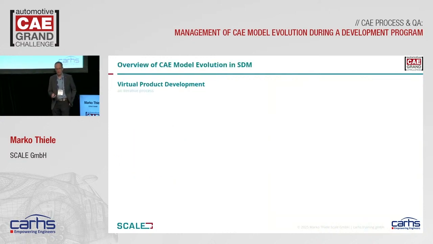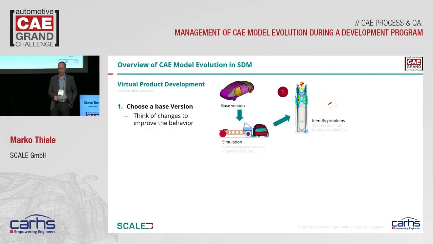Okay, CAE model evolution. So I'll just focus on these development loops, which we saw in the previous slide. Once you have already set up the base version of your model, where you imported the CAD data, meshed it, created a real model, which can be a quite complicated process by itself, then you start a simulation, you identify a problem.